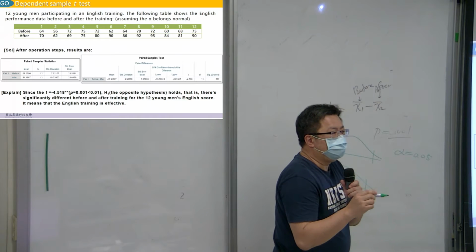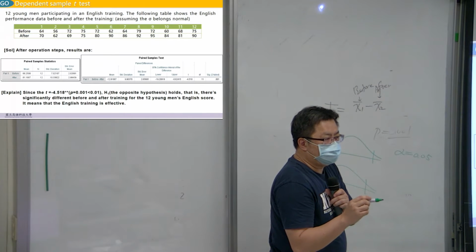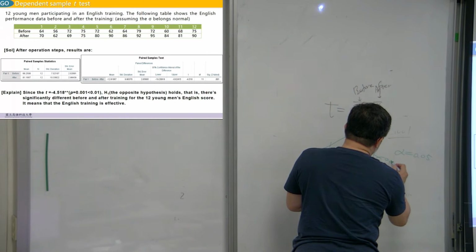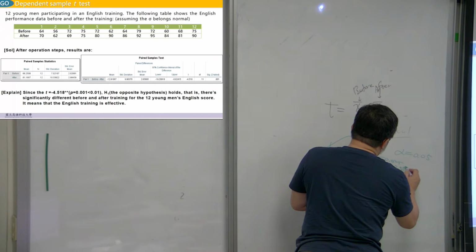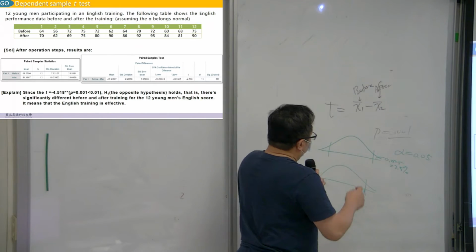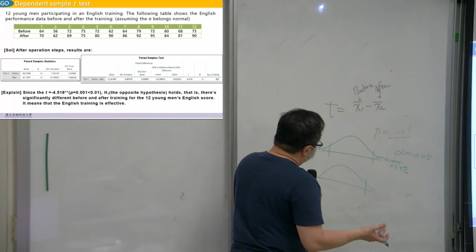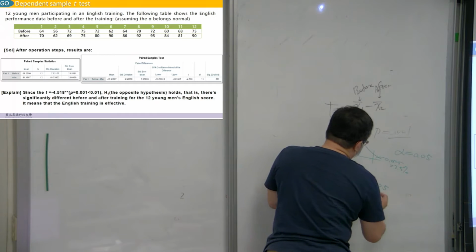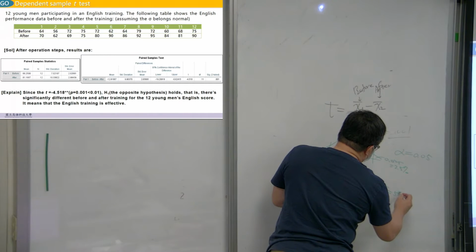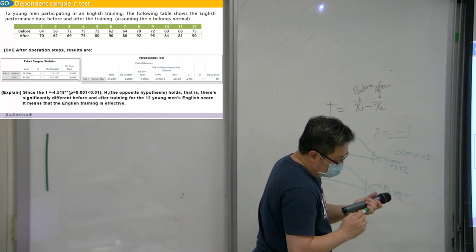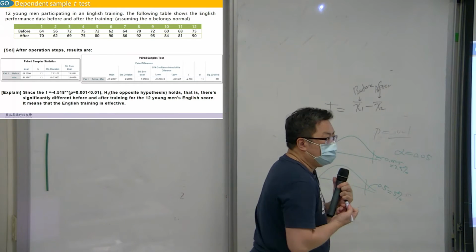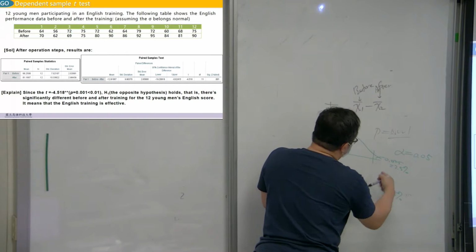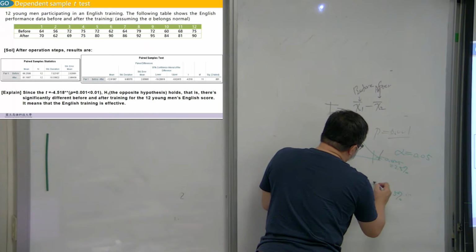If you define your research as two way, here will be 0.025, I mean 2.5%, okay? If you define your research alpha as one way, it will be 5%. But your result is 0.001. No matter whether here or here, they're always very, very small.